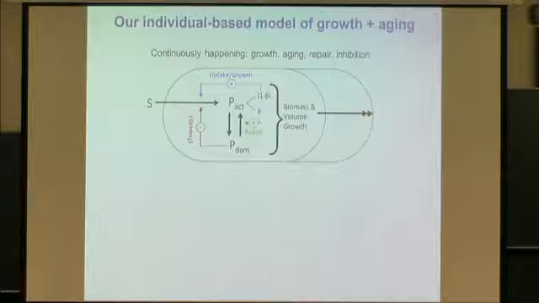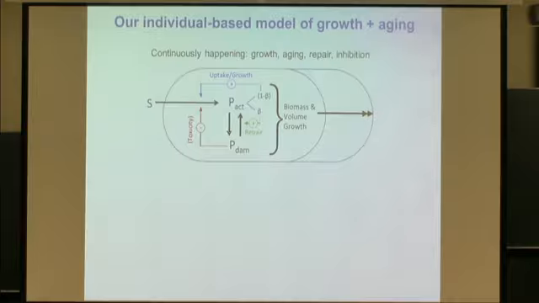So the active protein can become damaged, and the damaged protein can become repaired. But in order to repair the damage, you have to have some repair machinery. So the active protein is split into the part that catalyzes growth and the part that catalyzes repair. And the damaged protein may or may not be toxic.